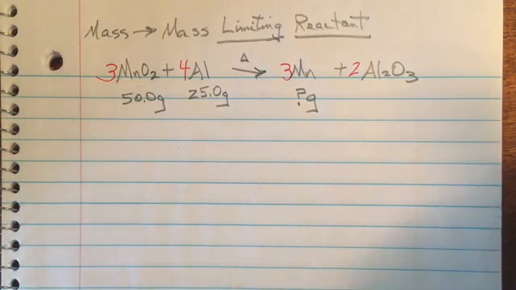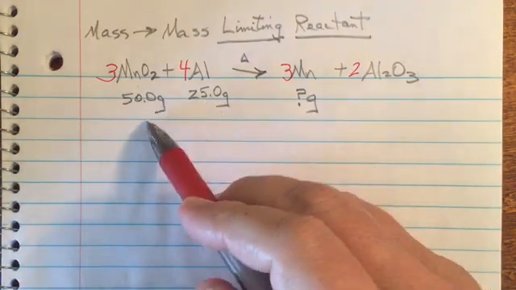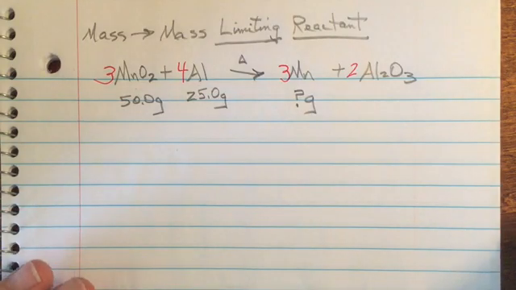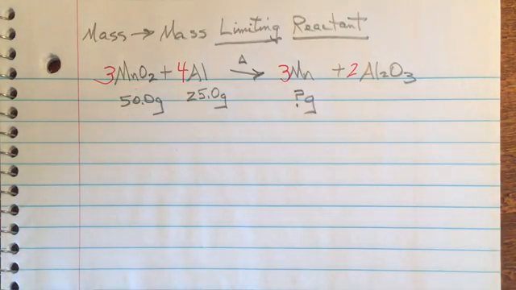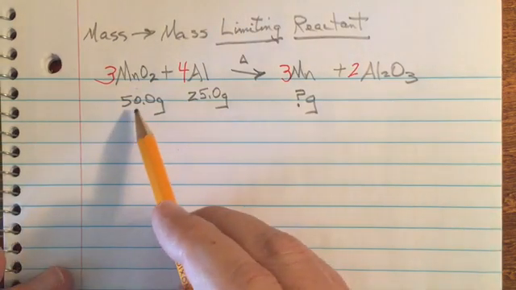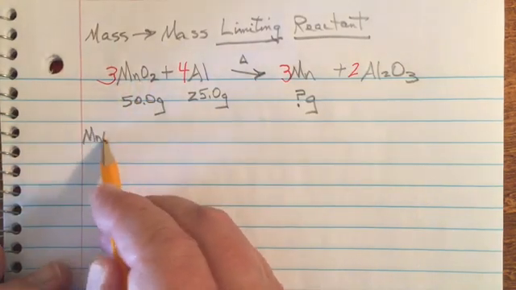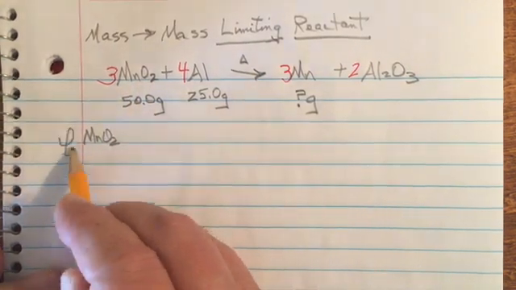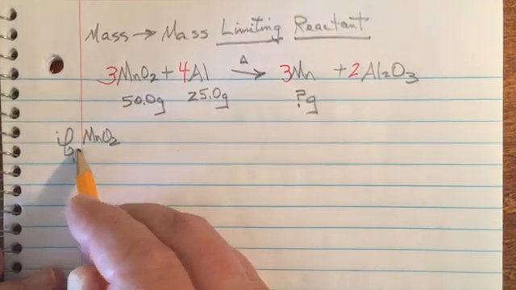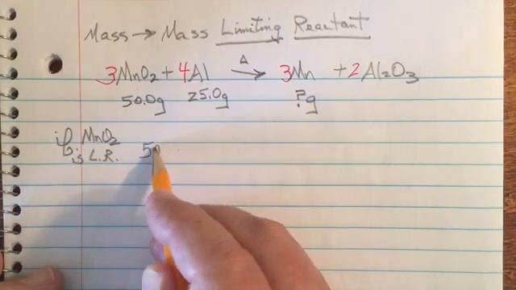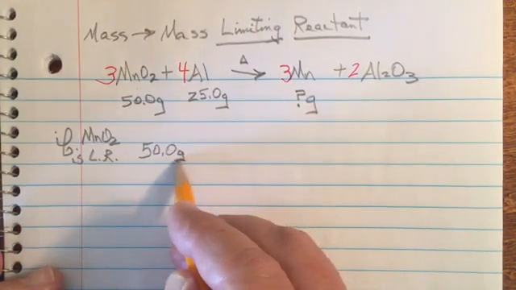In order to determine which of these is the actual limiting reactant, I have to do 2 different stoichiometry problems. I have to do 2 mass-to-mass stoichiometry problems involving 3 steps each. First, I'm going to do a problem assuming MnO2 is the limiting reactant: I'm going to have 50 grams of manganese oxide.